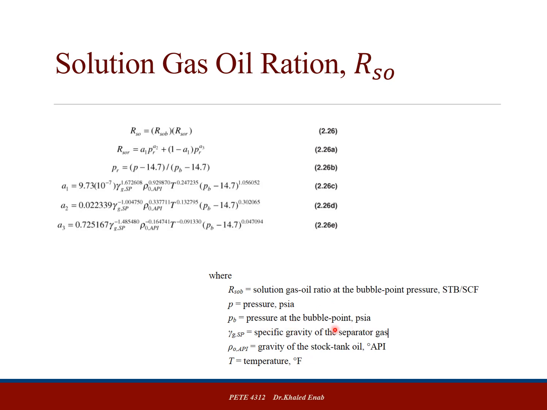You can predict it by a simple separator test, specific gravity as well, and the gravity of the stock tank oil. So how we collect the oil and we get its density, and based on it you get the gravity and the specific gravity of the gas as well.